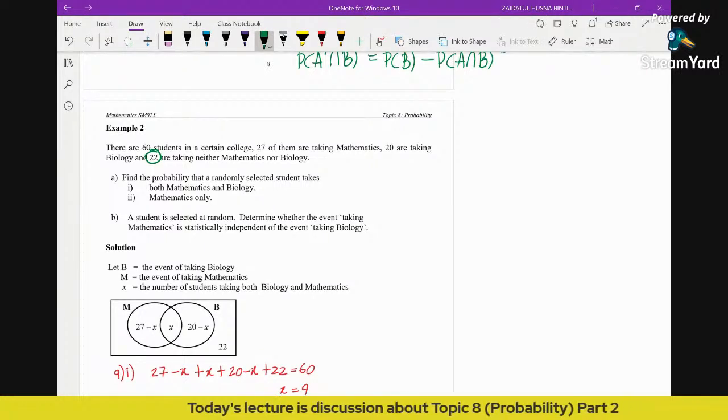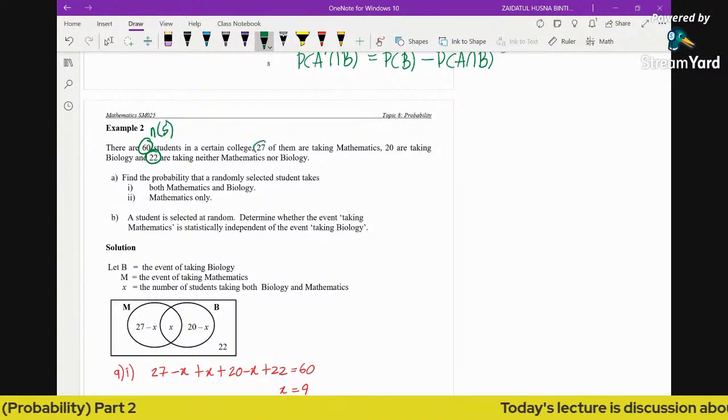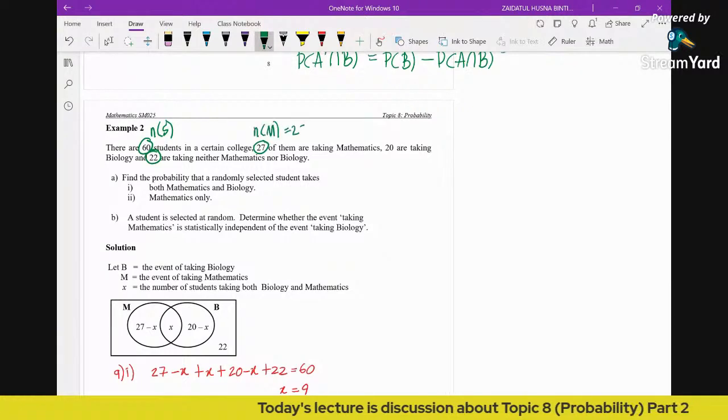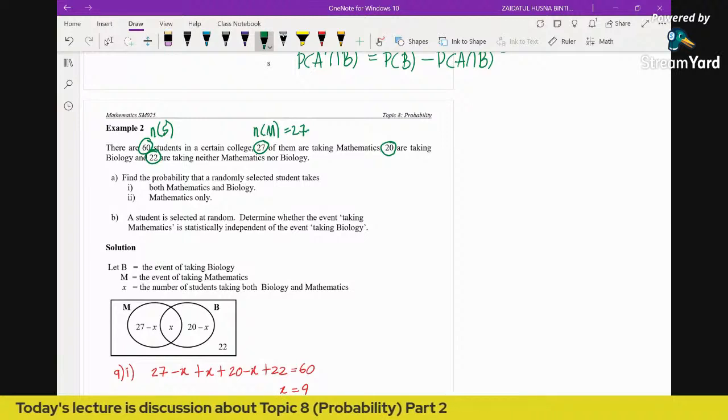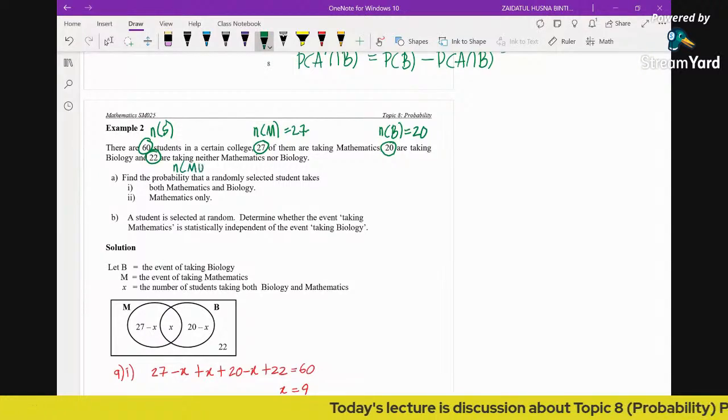First thing first, we know that this is S. There are 60 students altogether. 27 taking maths, and 20 taking biology. Then 22 taking neither. Neither means outside, so not maths and not bio, so prime.